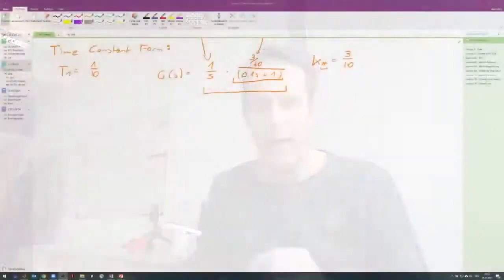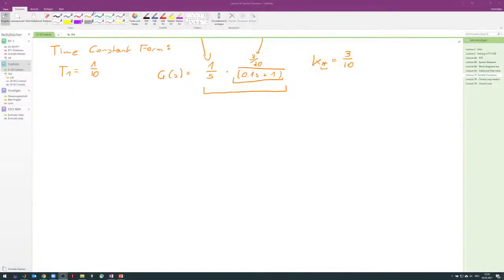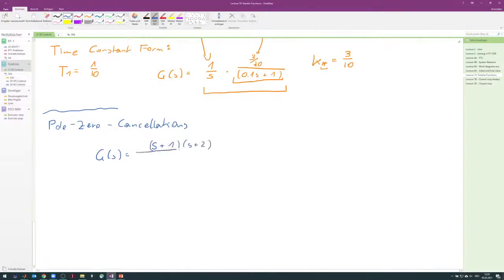Okay, and here I'm going to start with this one. What do I mean with pole-zero cancellations? Let's say you have a system G of s, and it looks the following, right? You transform your system and you have s plus 2, and you might have, I don't know, 10 here, and s plus 100, and s plus 440, doesn't matter, and s plus 1.